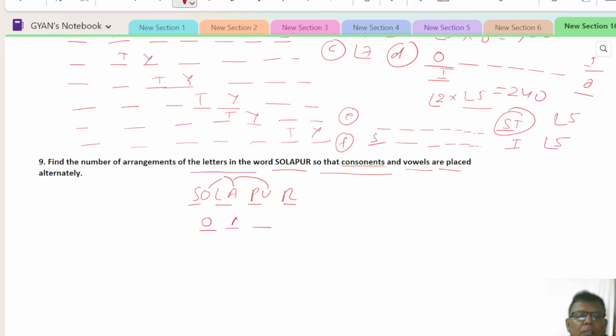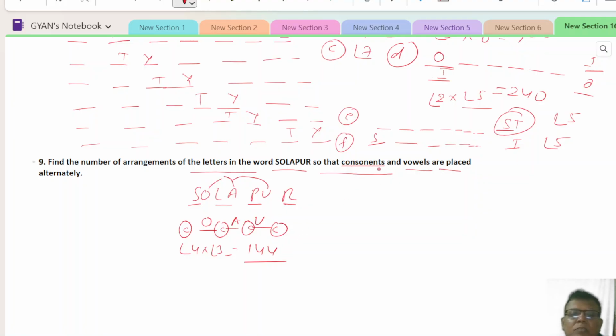O, A, U. The consonants can be placed here. So this is factorial 4 into factorial 3, that is equal to 144.